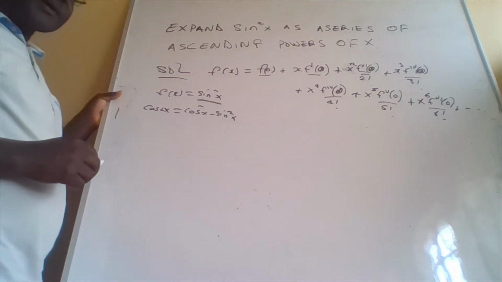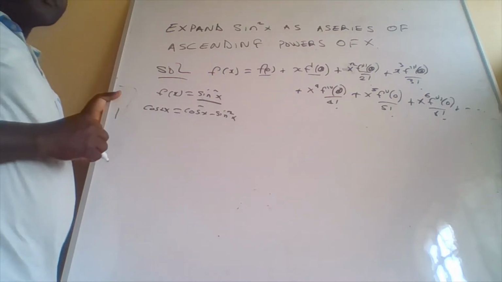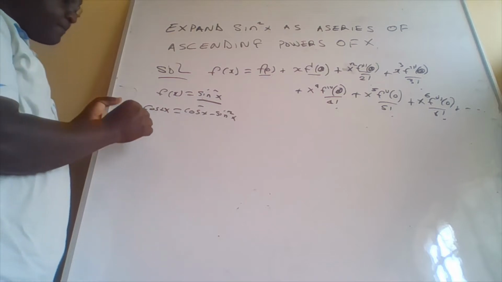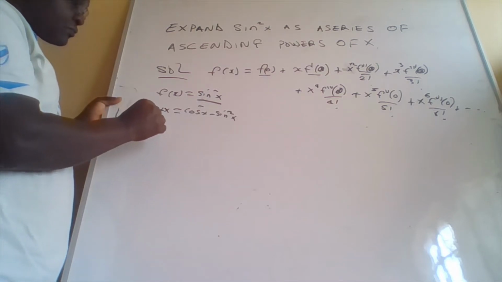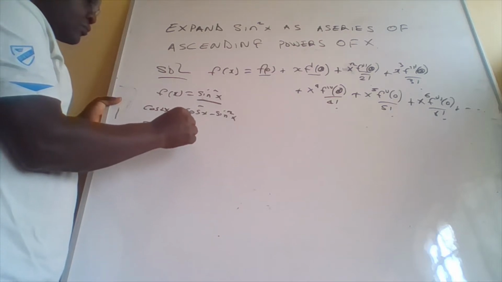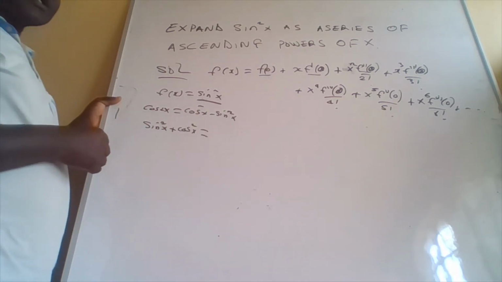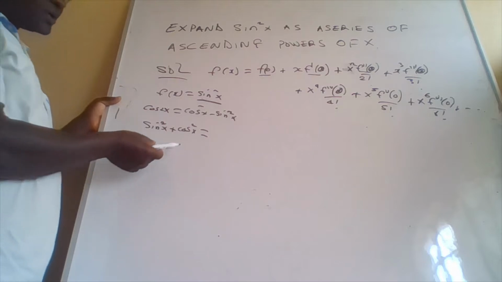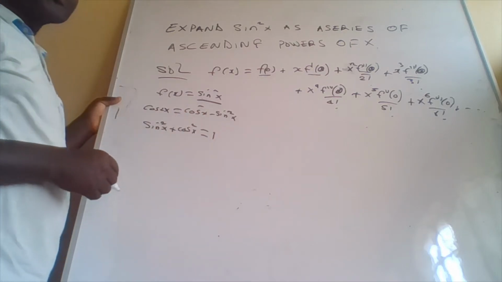And then we have another identity, the fundamental identity of trigonometry, which says that sine x squared plus cos x squared equals 1.